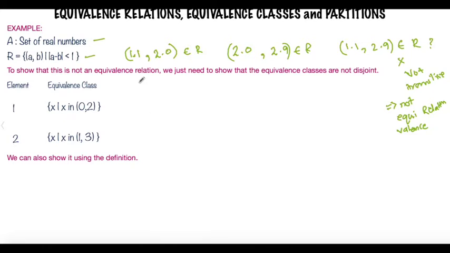Now we have to check, using our partitions and equivalence classes definition, whether this is an equivalence relation or not. So what should be the equivalence class for the element 1?